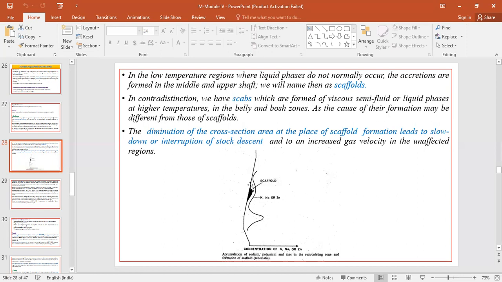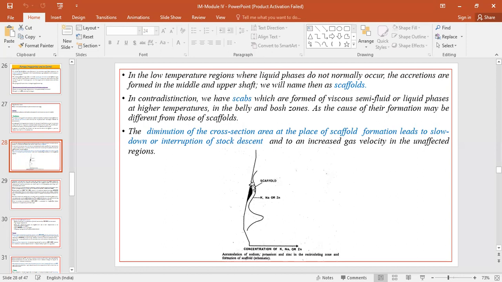So when the burden is traveling from top to bottom, the burden located at the peripheral region of the blast furnace may stick to these condensed vapors, and that will form this kind of solid accretion.